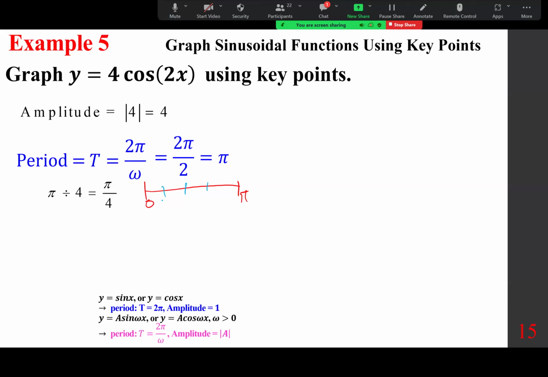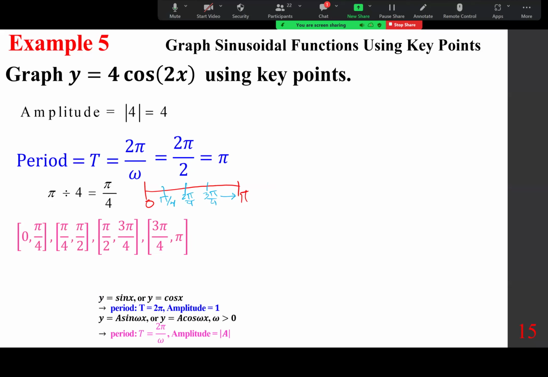And so this is pi over 4, and the other one is add pi over 4. You get 2 pi over 4, which means pi over 2. Add pi over 4, you get 3 pi over 4. And if you add pi over 4, you must get pi. If it doesn't happen, we've made a mistake somewhere.